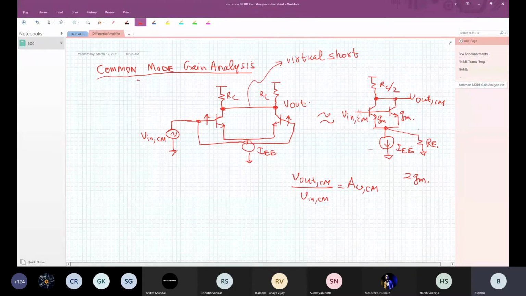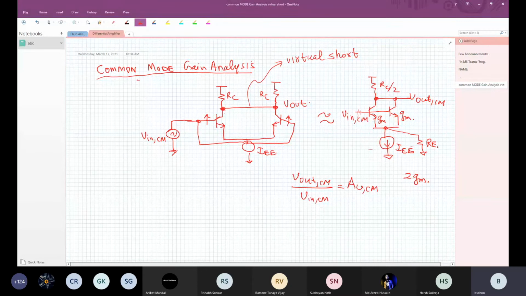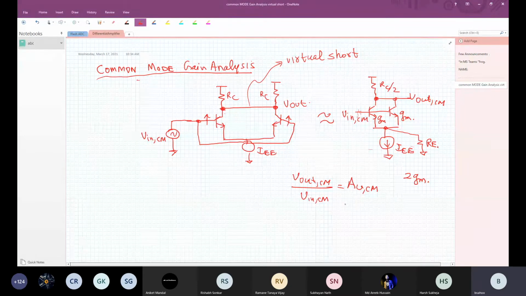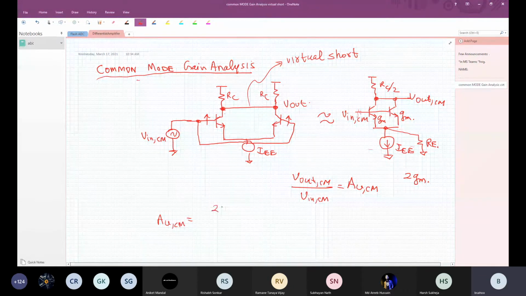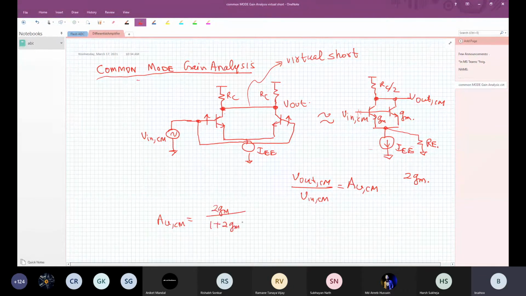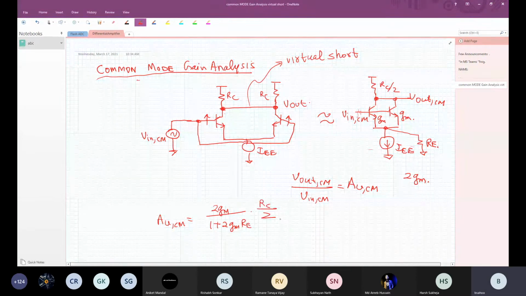Therefore AVCM equals twice GM divided by 1 plus twice GM RE, times RC by 2.